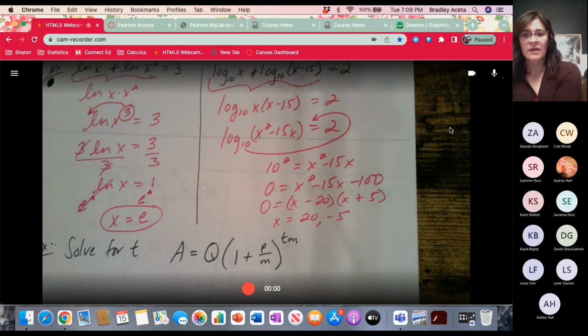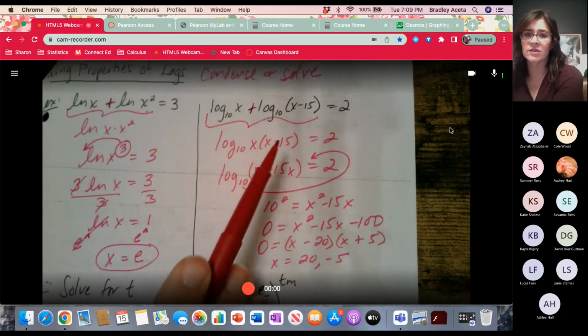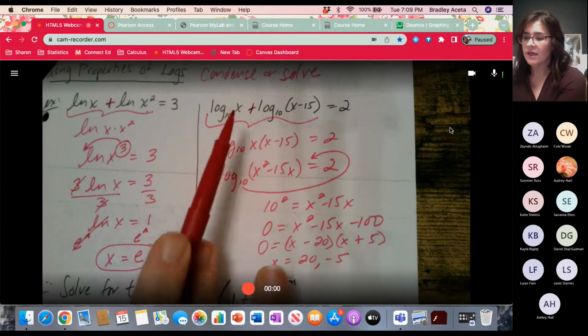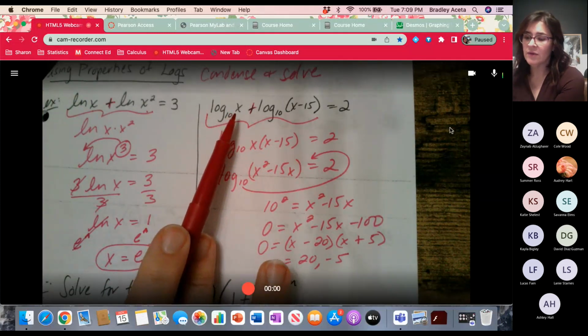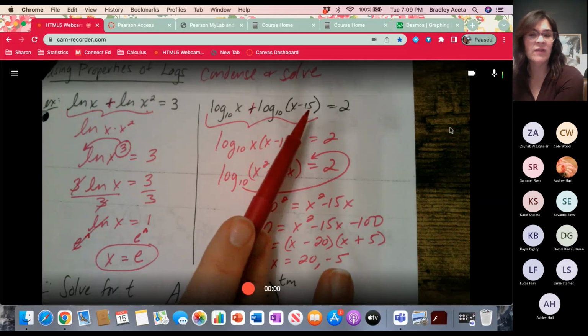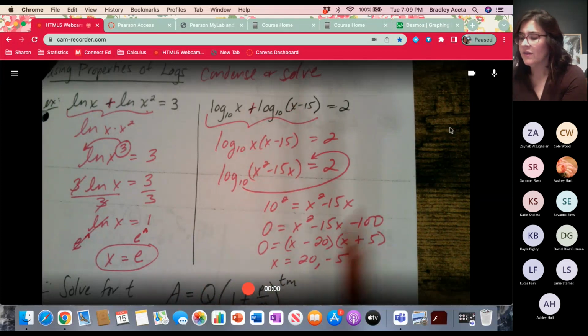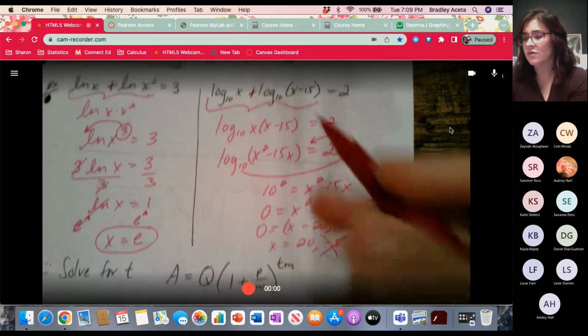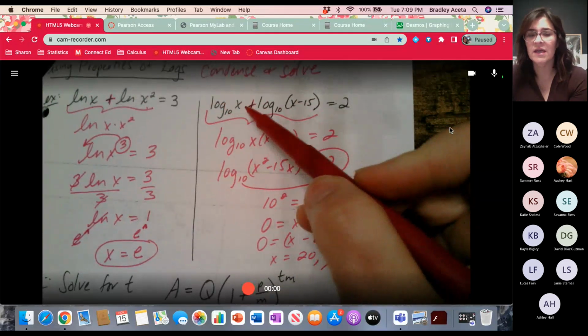Now, just like everything else we've been doing, when you get two answers, you better check that both of those answers work back into the original, okay? So if I plug 20 in, it's always going to be greater than 0, so that's going to be good. Log base 10 of 20 is fine. Log base 10 of 20 minus 15, well, that would be 5. That's still good. But this negative 5 is not going to work. That's an extraneous root because you cannot take log base 10 of negative 5.